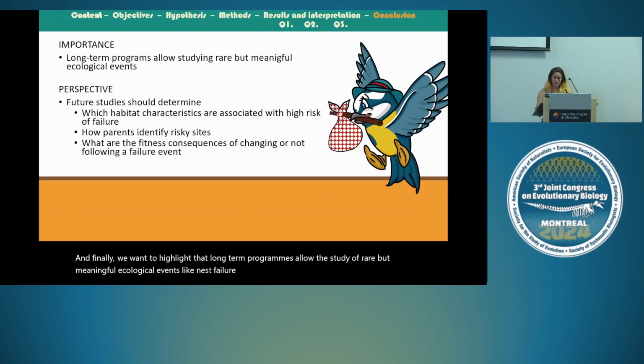And for the future of this study, we want to determine which habitat characteristics are associated with high risk of failure, and how parents are able to identify risky sites. Is it by the identification of habitat characteristics, or is it by social learning, for instance? And finally, we are interested in the fitness consequences of changing or not following a failure event.